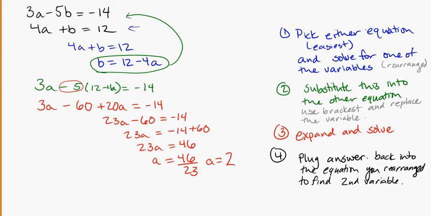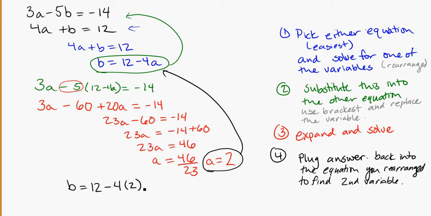Again, good news, we've got one variable, a is equal to 2. So we're going to take that answer and plug it back into the equation that we had rearranged previously. In this case, b is equal to 12 minus 4a. And instead of writing a, I'm going to replace it with a 2.